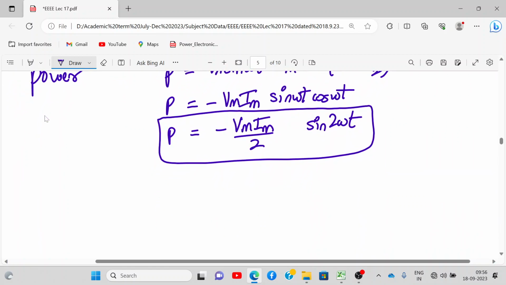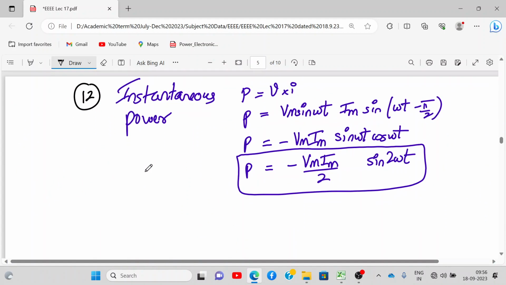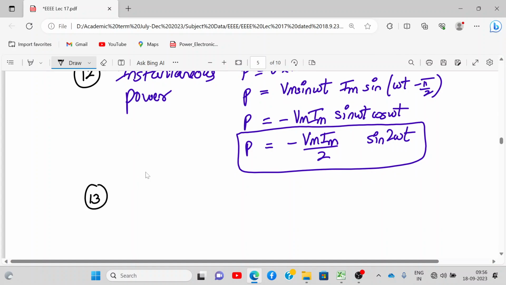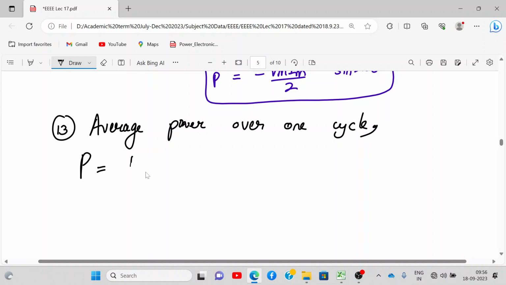How to find the average power here? You find the average power over one cycle. So P will be 1 upon 2 pi integral 0 to 2 pi of V into I d omega t.